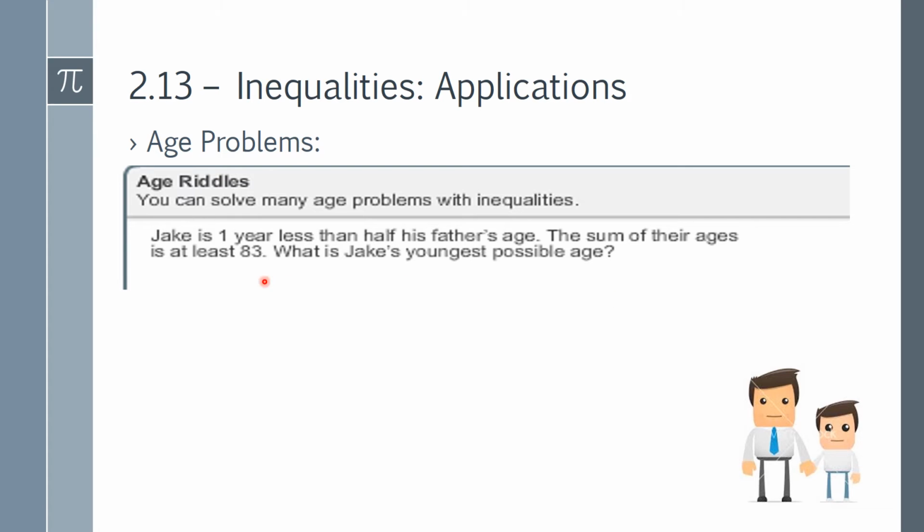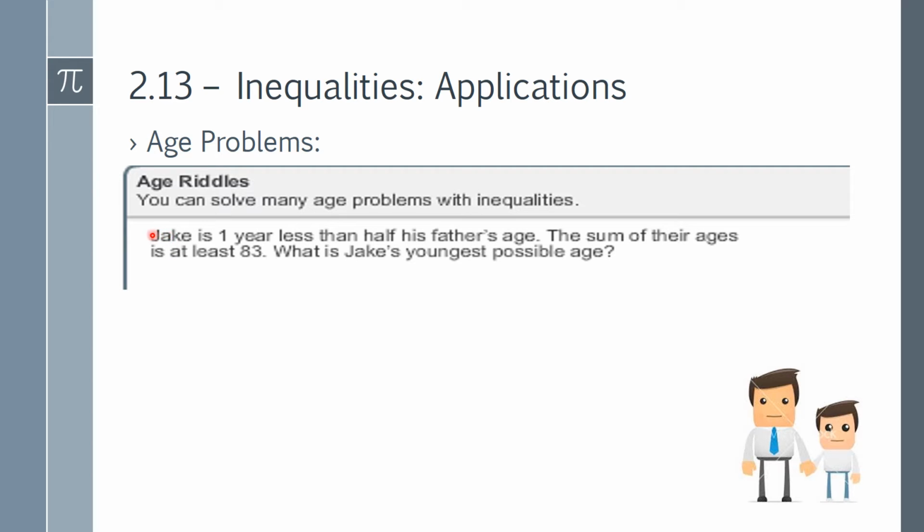So hopefully you took a screenshot of that, because here you see is at least. So hopefully you remember what symbol that would be. Jake is 1 year less than half his father's age. The sum of their ages is at least 83.